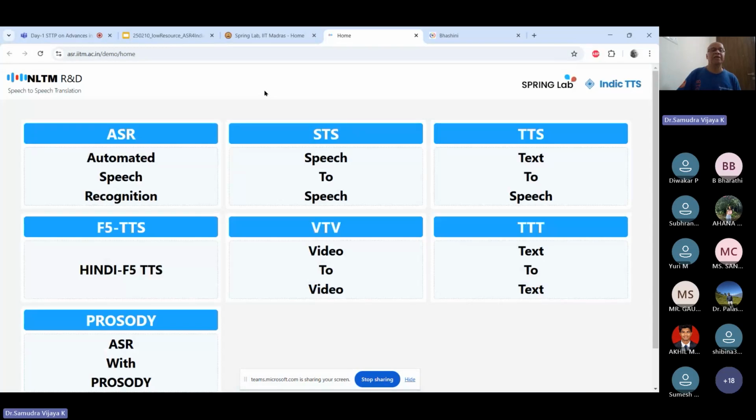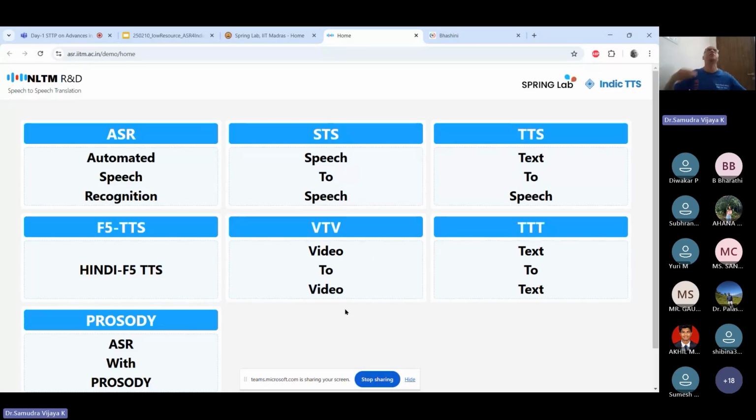Not only have they built models, but they have also built demonstrations: speech to text, or ASR, and text to speech, and text to text, one script to another script, and it includes video to video.